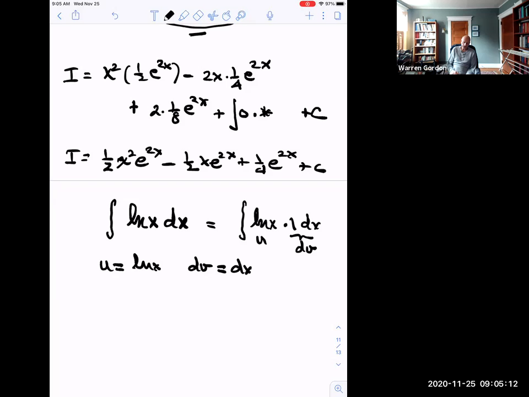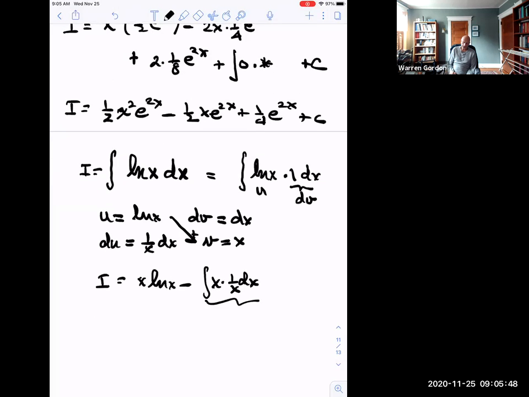Then the derivative du turns out to be 1 over x, and v is equal to x, right? The integral of 1 is x. So if I call the integral I, u times v is x ln of x minus v times du.